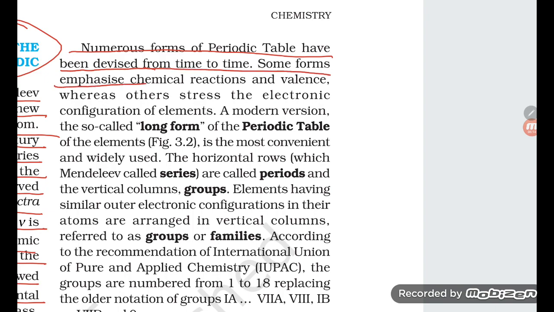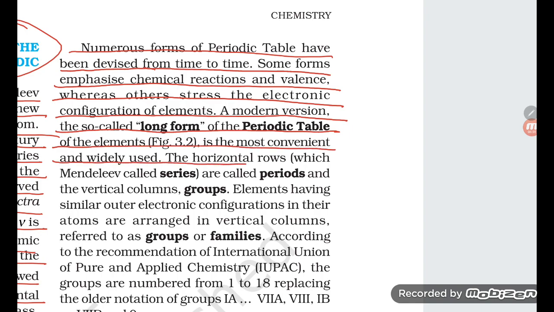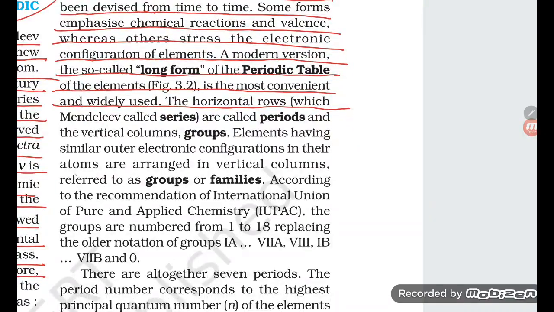Some forms emphasize chemical reactions and valence, whereas others stress the electronic configuration of the elements. A modern version, the so-called long form of the periodic table of the elements, is the most convenient and widely used. The horizontal rows, which Mendeleev called series, are called periods.